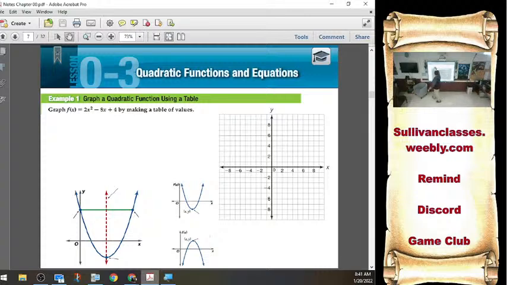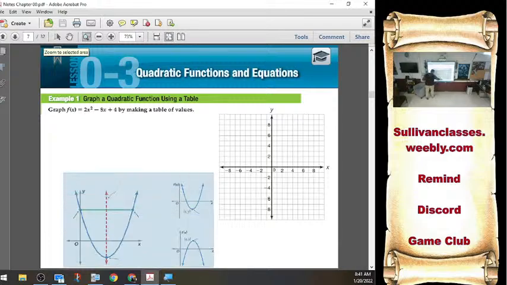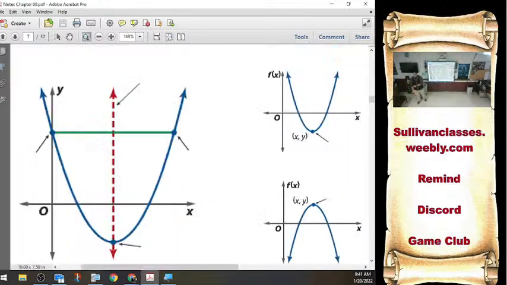Starting with some basic vocabulary and features. What are those? Parabolas. The function itself is called a quadratic. The graph of the quadratic is a parabola. Features. What's that?